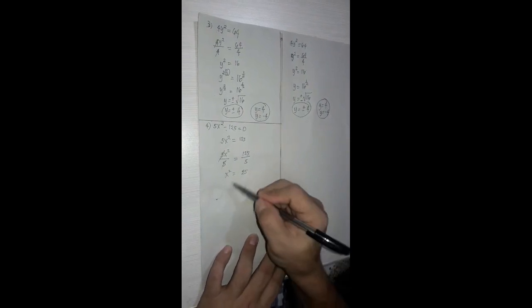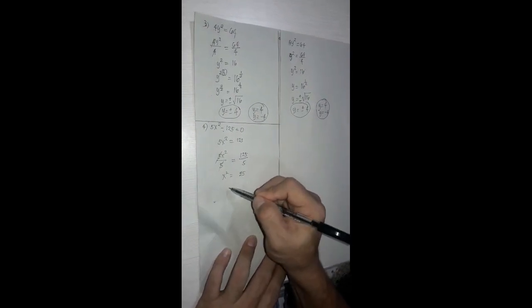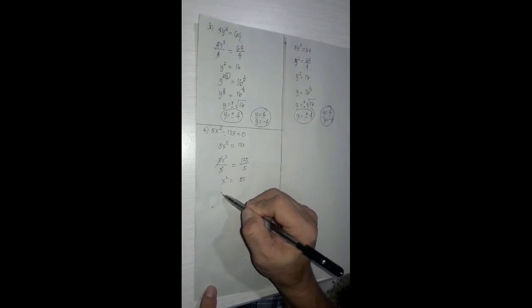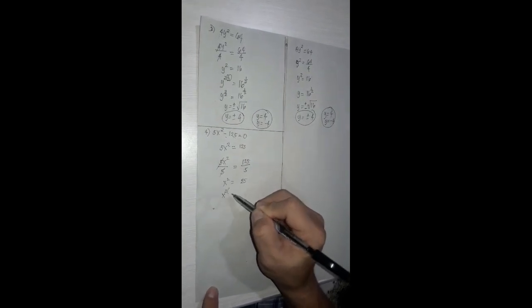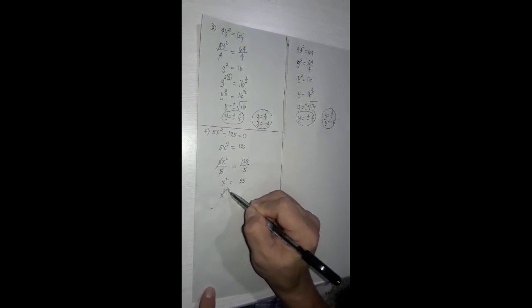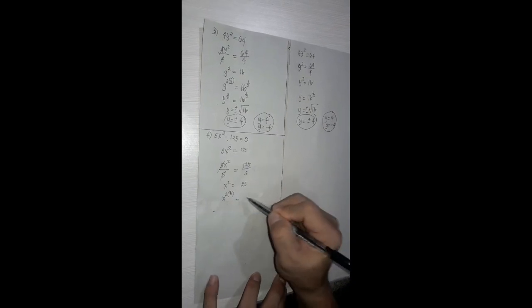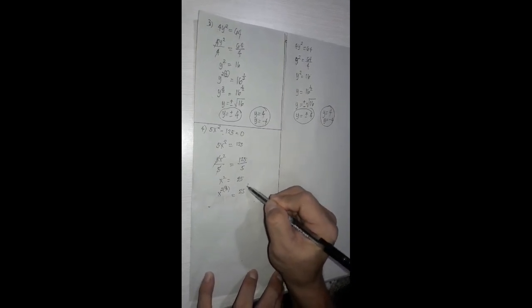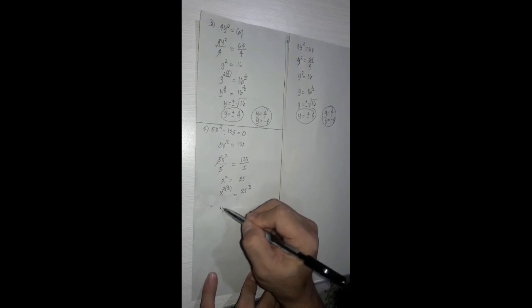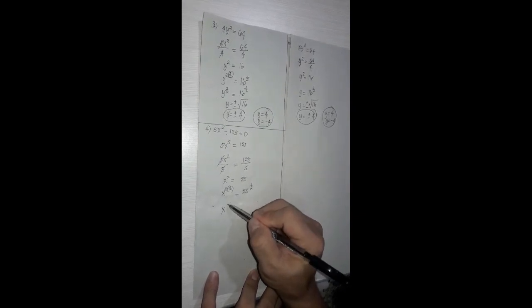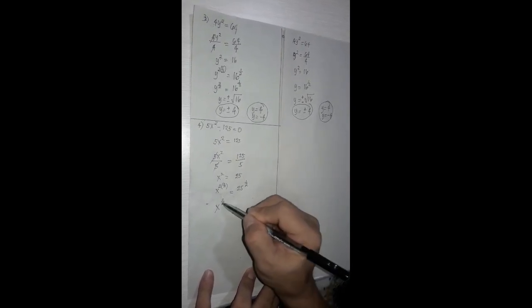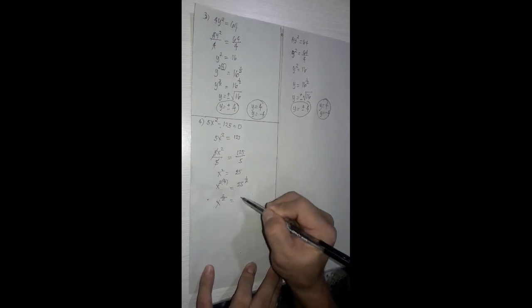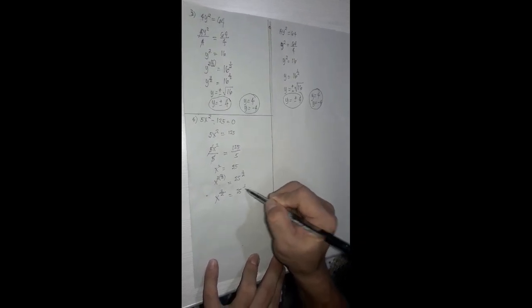Then, eliminating the exponent 2, we have x squared times 1/2 equals 25 raised to 1/2. Then 2 times 1/2 is 1, so x equals 25 raised to 1/2.